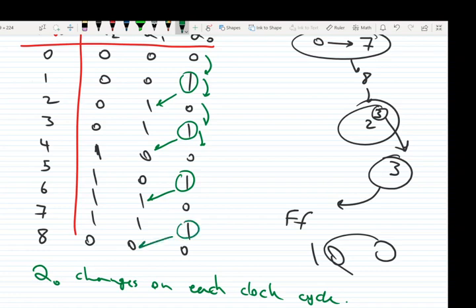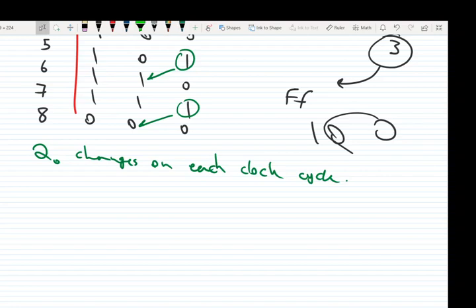Let's take a note: Q1 changes only when Q0 is 1.